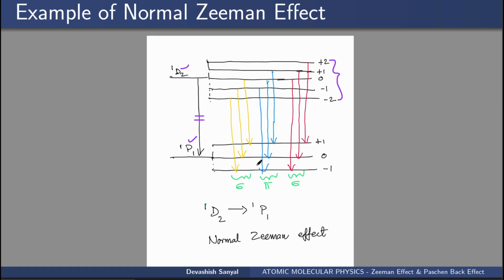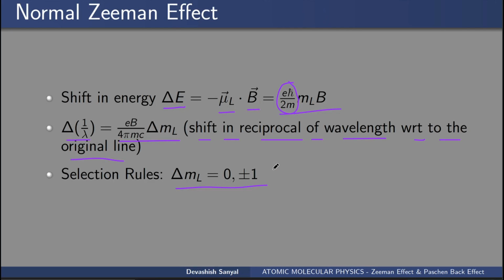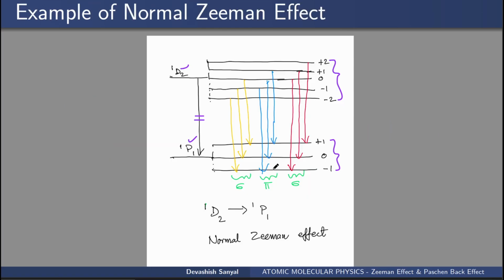And here 1P1 is broken into 3 levels corresponding to the Z component of the orbital angular momentum, that is from plus 1 to minus 1. Now taking into account these selection rules, we will have these sets of transitions.